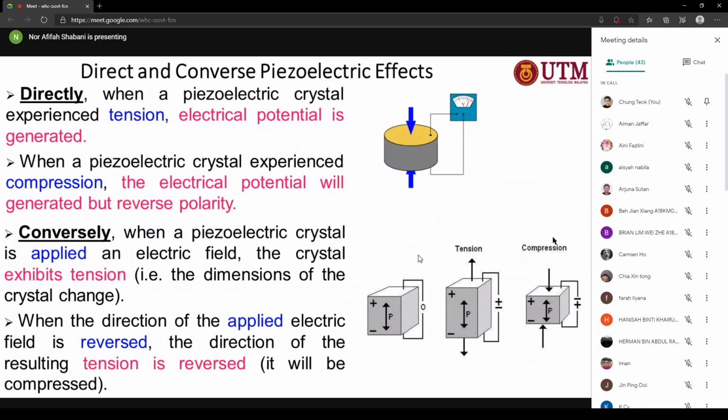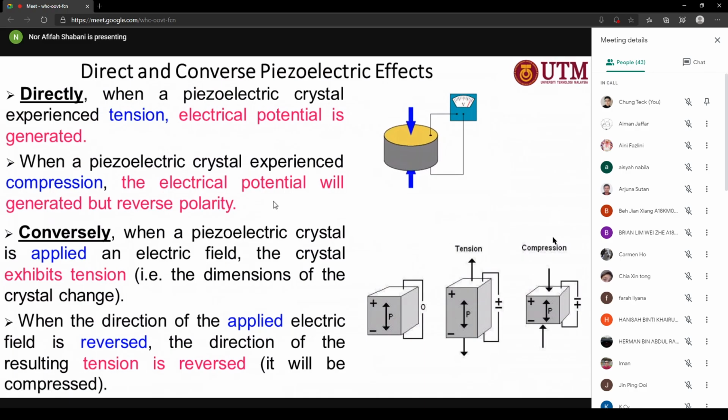Direct effect means you give a direct force, a direct input to this piezo material. What happens is when the piezo material experiences compression, it will give you the output voltage. And when you stretch it, it will give you some voltage, but with different polarity.